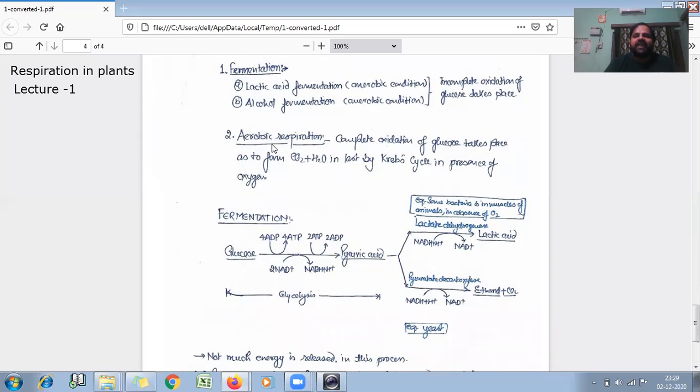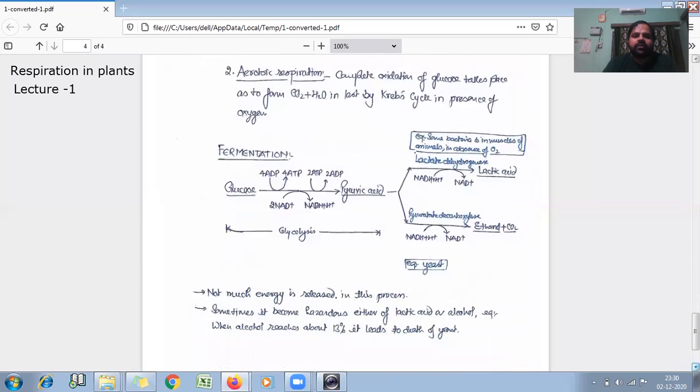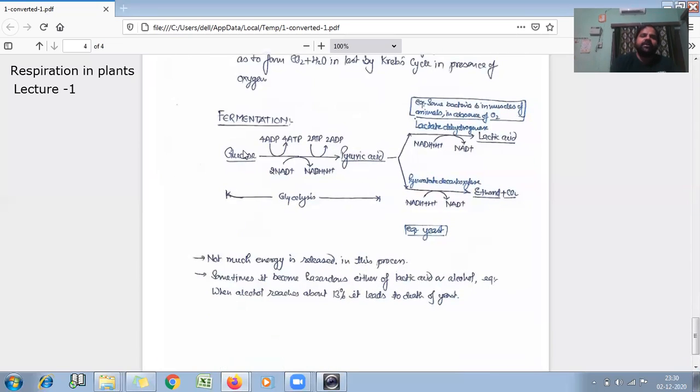Means after glycolysis, two pyruvic acid molecules will be formed, and this pyruvic acid will be utilized in the Krebs cycle, and in presence of oxygen, the complete oxidation of this pyruvic acid will be done, and it will be broken into carbon dioxide and water, and a huge amount of energy will be released. So we can see here the fermentation process.